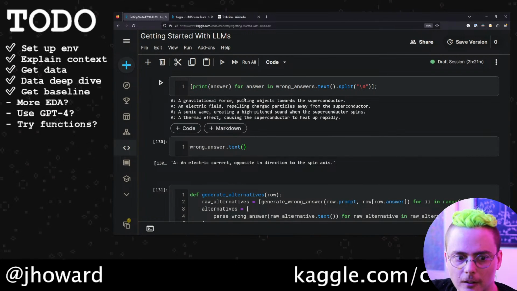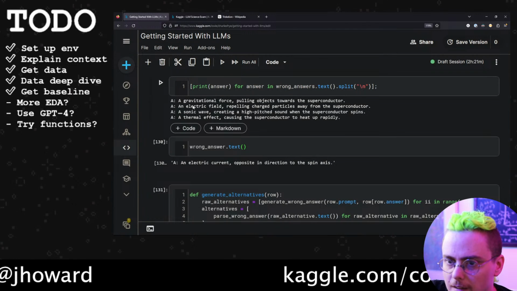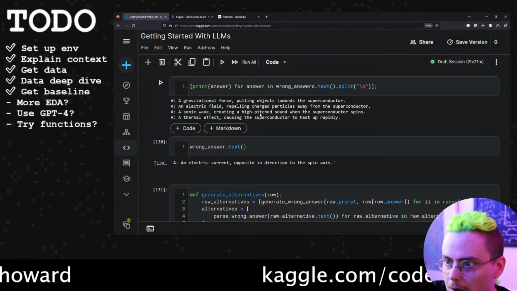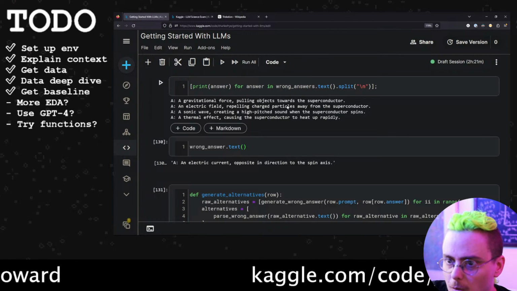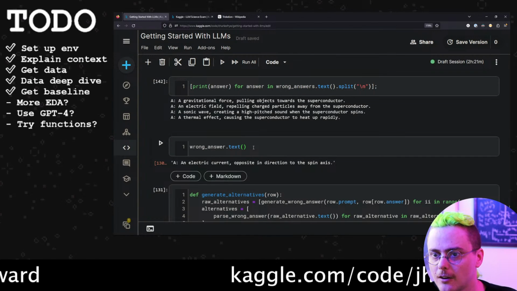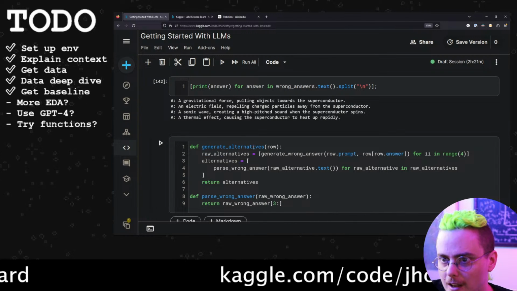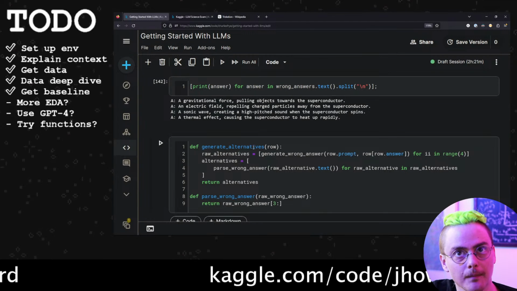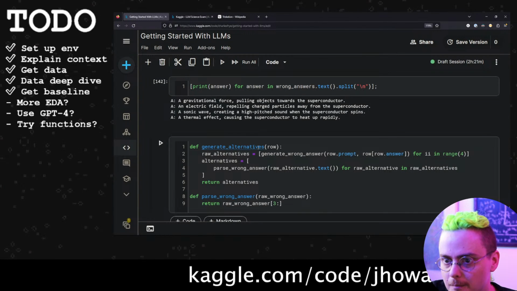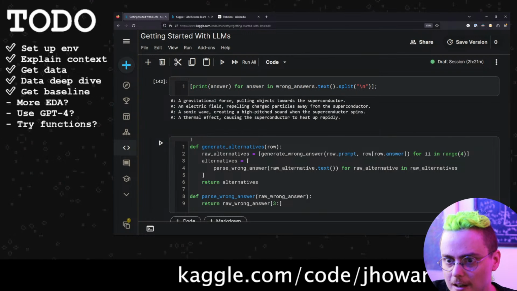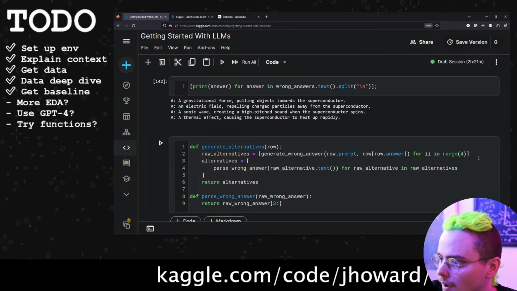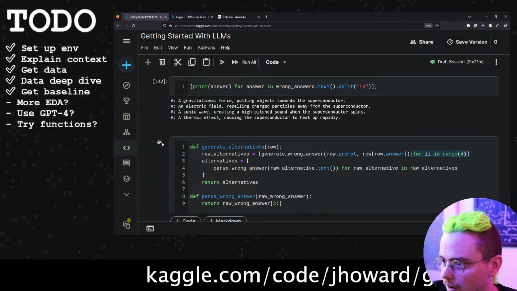Okay. All right. So we've now got 4 alternative answers here. Gravitational force, electric field repelling charged particles away from the superconductor, sonic wave creating a high-pitched sound when the superconductor spins. Now, I'm going to say these are definitely worse answers than we were getting. These are easier to answer because a lot of them are very implausible. But such is life.